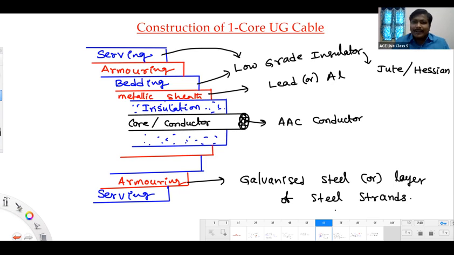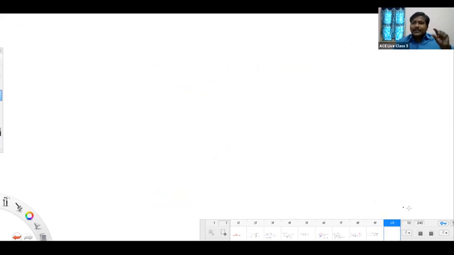One more thing I will take, that is the inner surface of the sheath. So we have to bother only about the thickness of the insulation and the conductor right now in the electrical analysis.